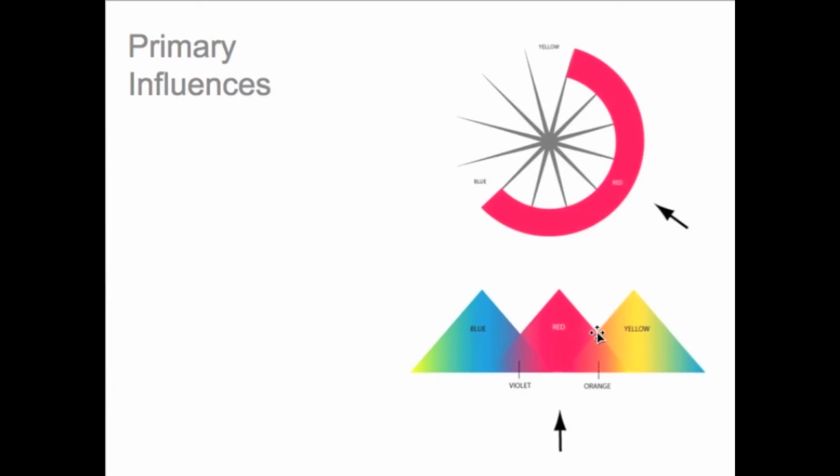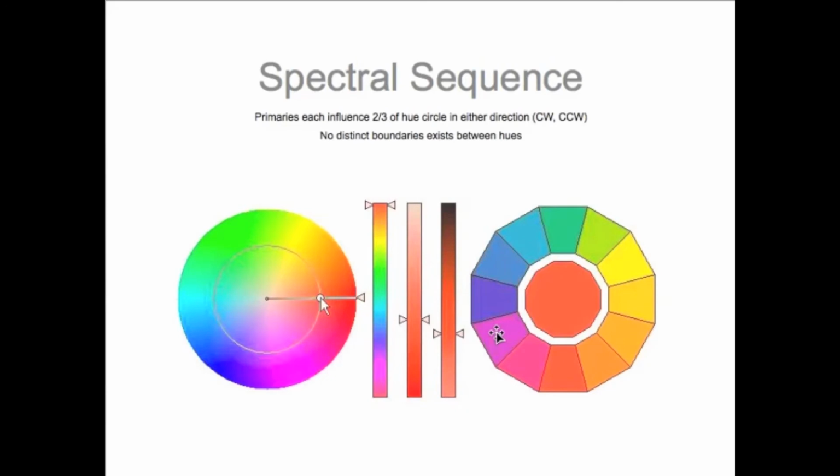Halfway between, we get to orange, and then as we move over, we get into red-orange, and then into red, and then we're into red-violet as blue starts having an influence, and then violet, which sits right between red and blue, and then as we move toward blue further, we have blue-violet. So each of the primaries influences 2/3 of the circle in varying amounts, and that is how we have a natural order, or what's known as a spectral sequence.